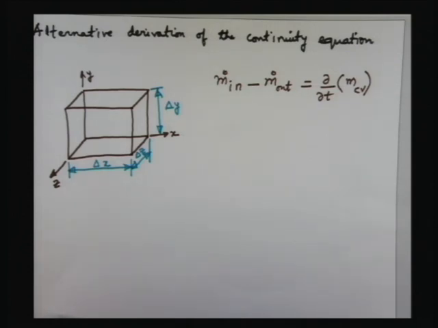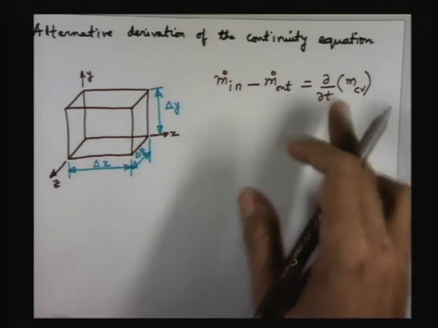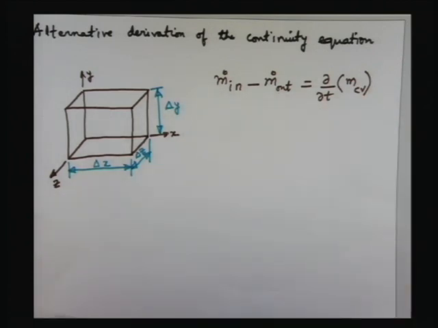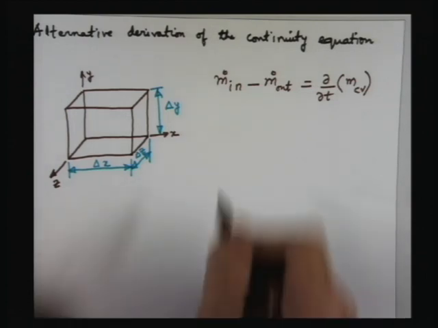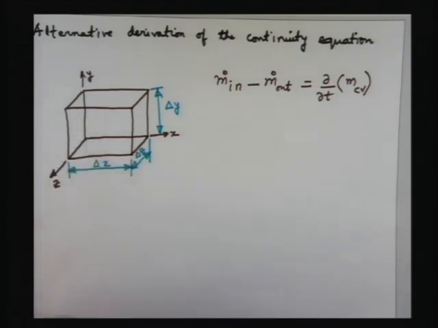Next, our objective will be to write it in terms of the flow parameters. So m dot in. Now m dot in can be along x, along y, along z, there are different directions.